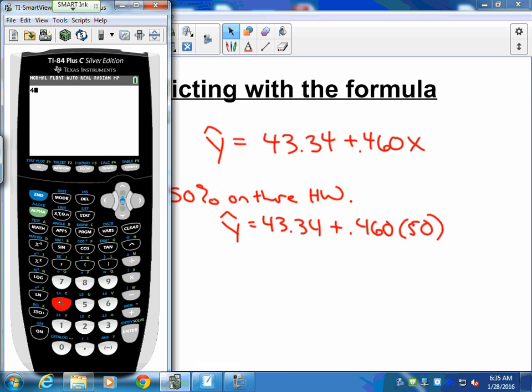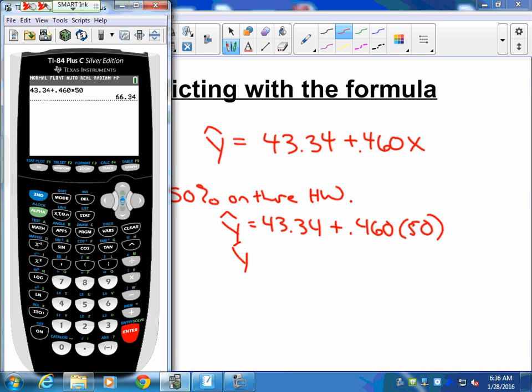So we've got 43.34 plus 0.460 times 50 equals 66.34. That is what the student can expect to get if they only get 50% for their homework score.